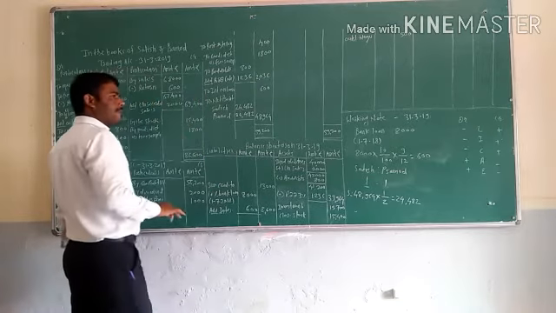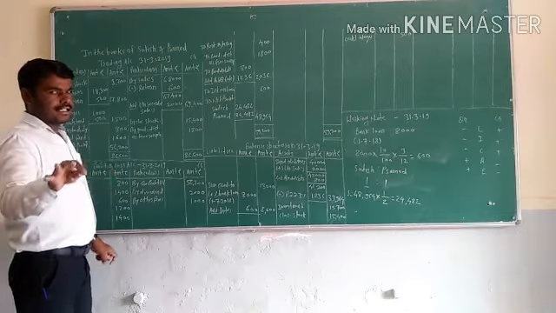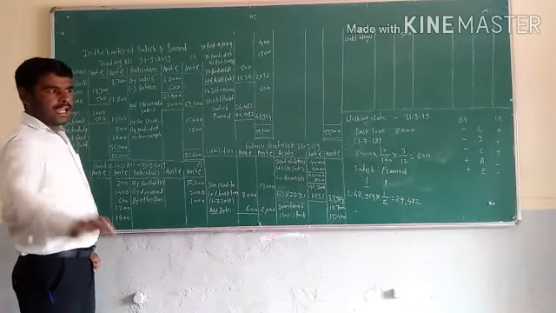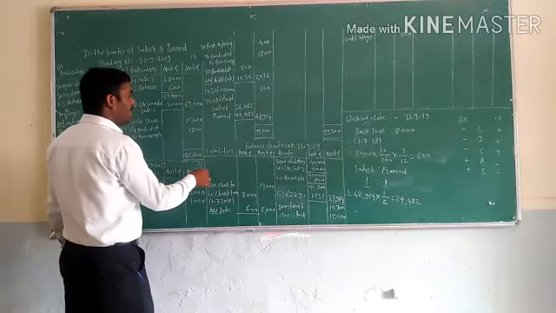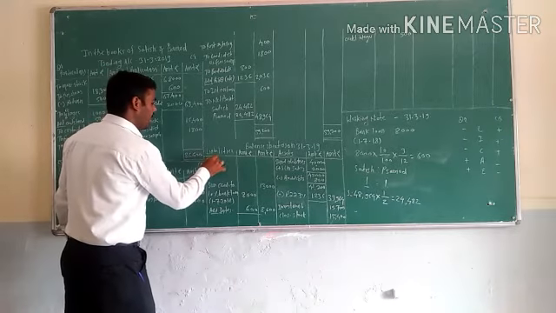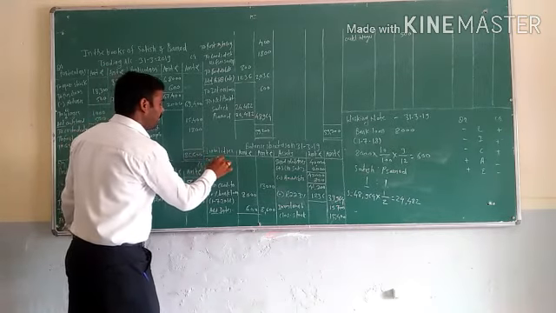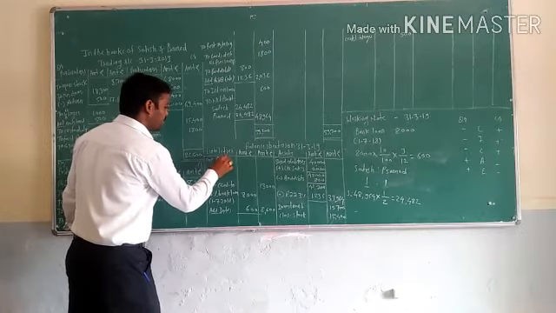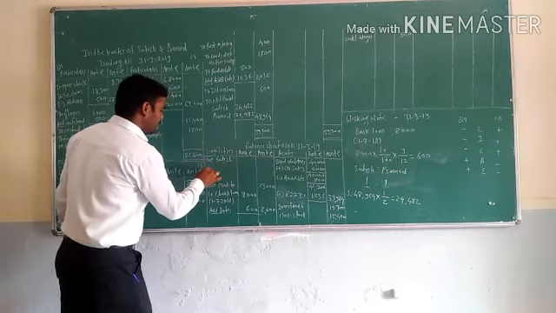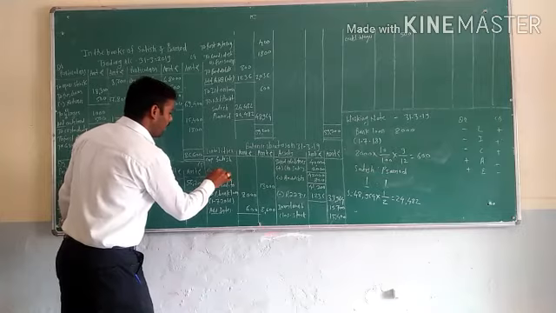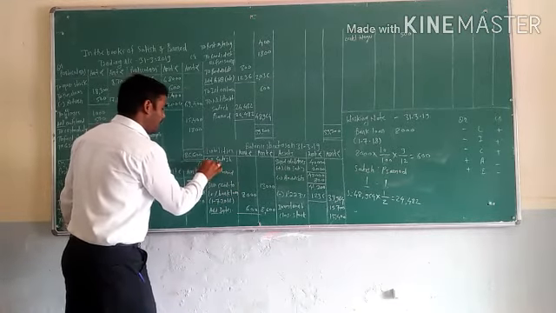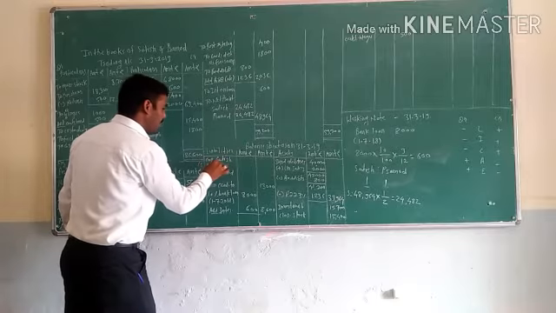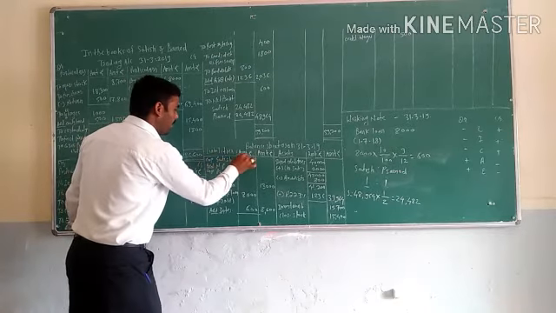But this problem does not give the capital of the partners. So right here, Satish's capital, Pramod's capital, and add this net profit.